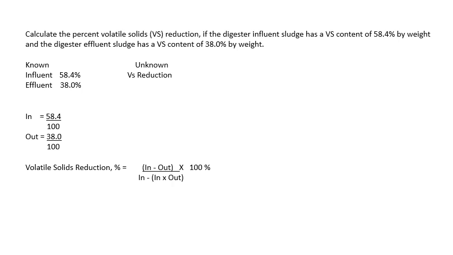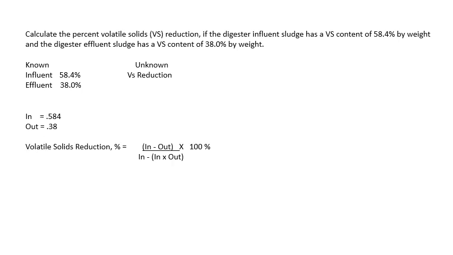To get them to decimals, you're going to divide the 58.4 by 100 and the 38.0 by 100, which gives you 0.584 and 0.38.